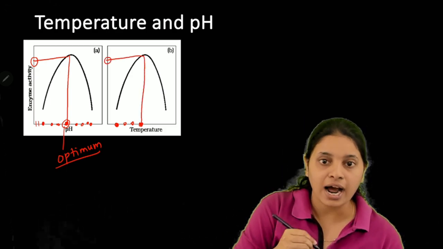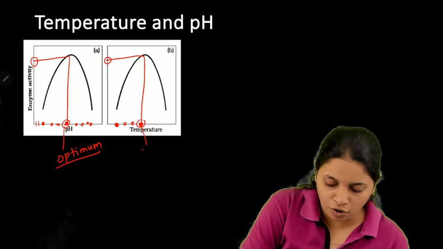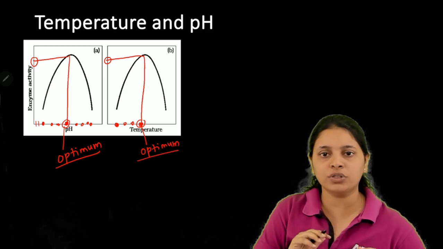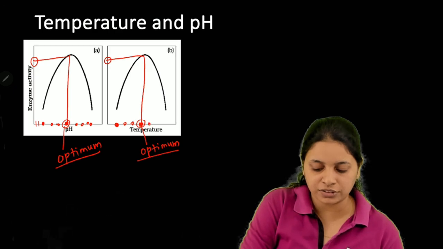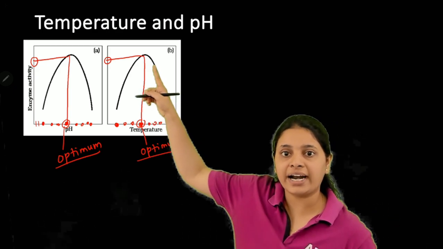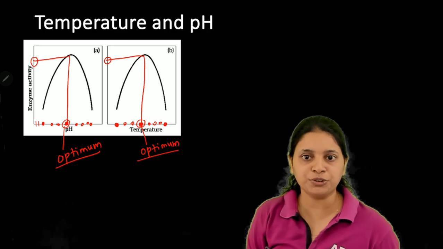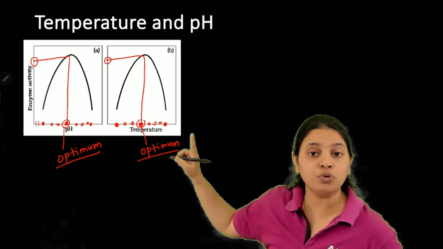Again, this particular temperature point is called optimum temperature, where the enzyme will do the best activity. And as you increase the temperature further, what do we see? The activity declines, right? And it goes up to this particular temperature, okay? And after which you can see there is no activity.